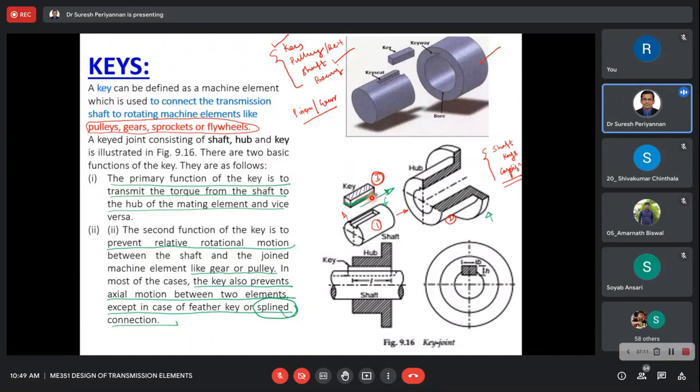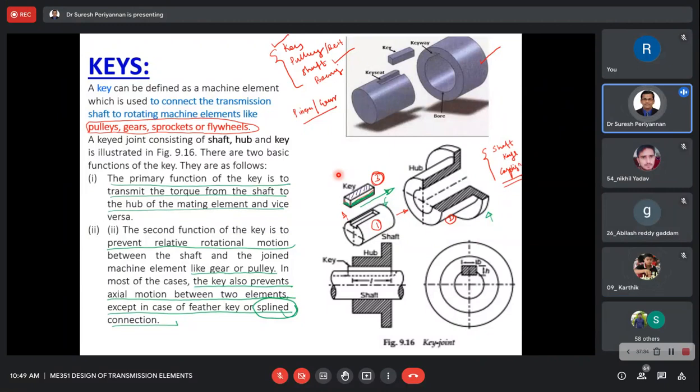Which material should we concentrate on more? You tell me. Shaft. No. Key. Key, sir.